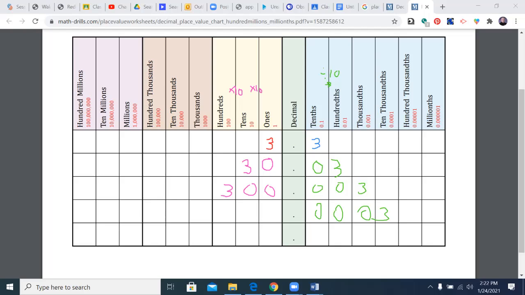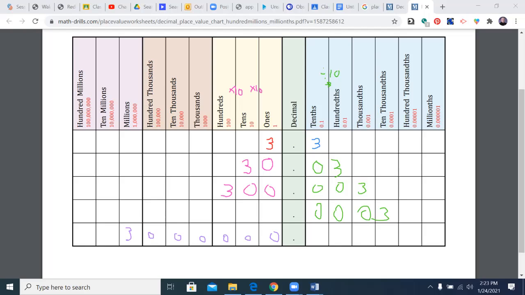Let's say for a second that I put it over here in a much neater fashion than that, preferably. If I put a 3 here, it's worth 1, 2, 3, 4, 5, 6 zeros. So how many times more is it than 300? 10 times, 100 times, 1,000 times, 10,000 times.